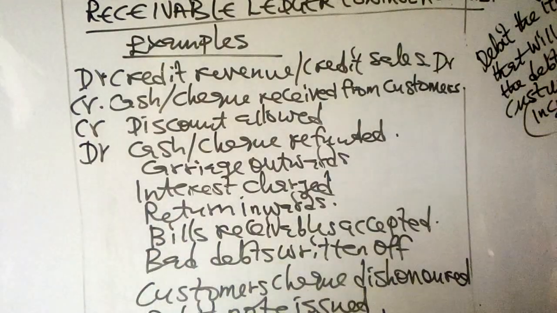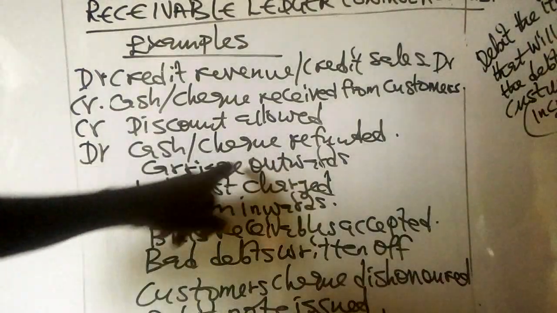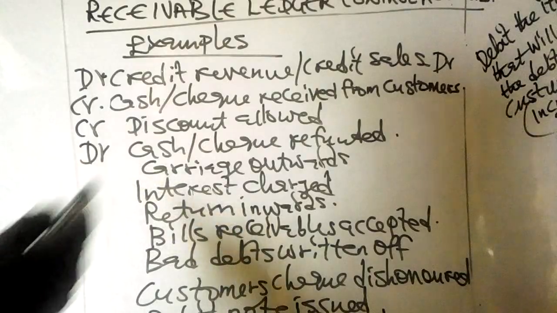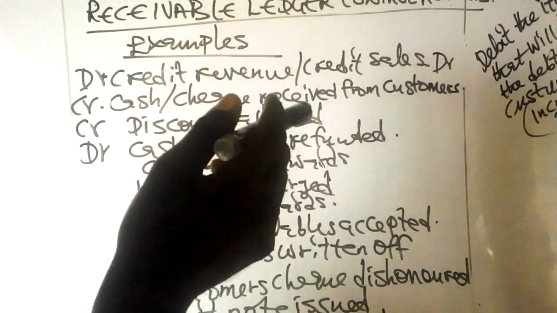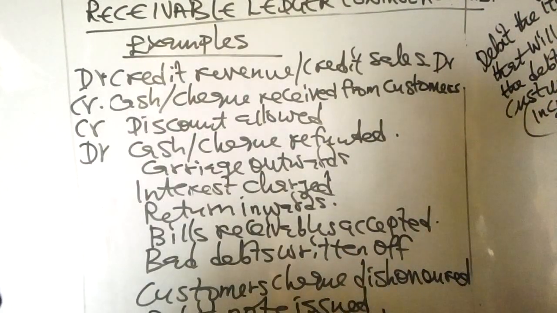When you sell goods to customers and you incur some amount in transportation, in carrying the goods out, the carriage outwards will increase the value of the goods. Maybe you sell goods for $20,000 and you use $1,000 to transport it.